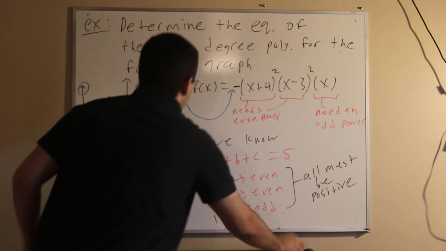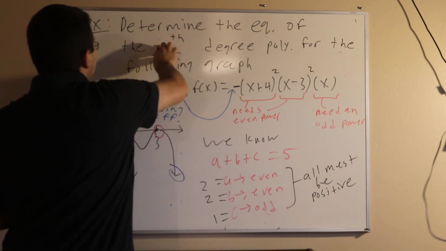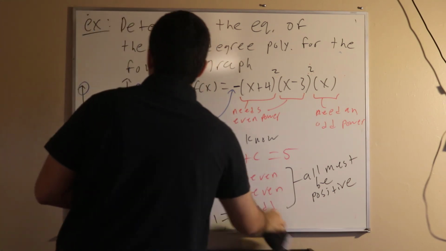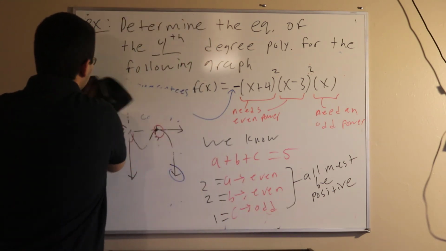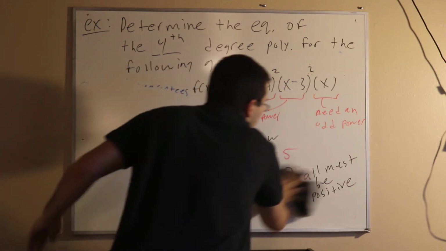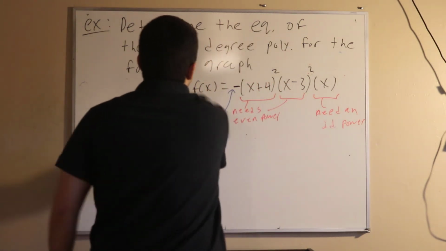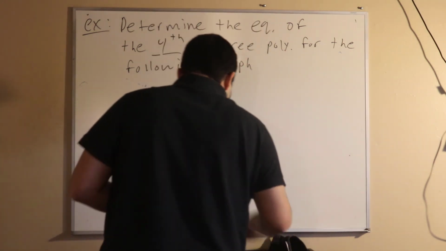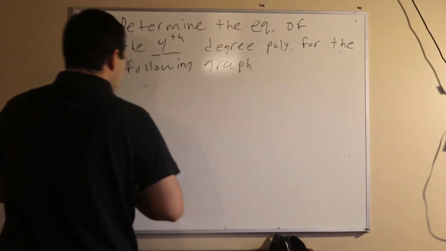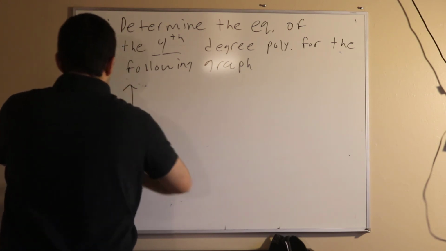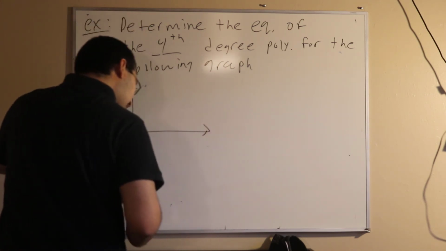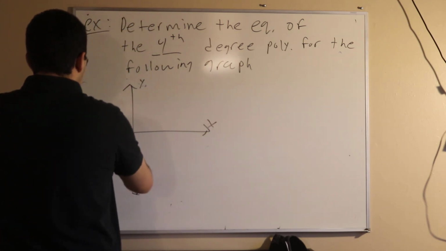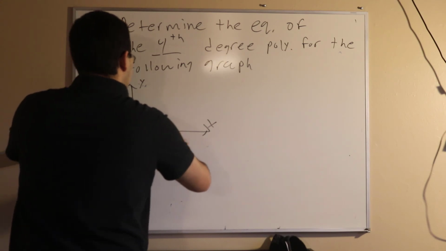Okay, so let's go ahead and do our last example for the day. It'll be the same type of problem, except we're going to change the graph and the degree. So the graph we're going to consider this time is this. We'll consider -3, 2, and 3.